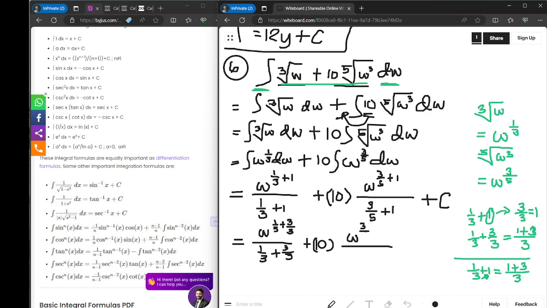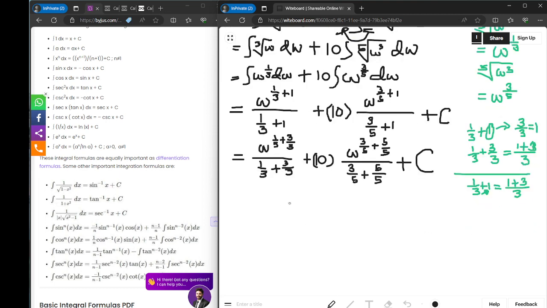So this will become plus 1 or 5 over 5, just like what we did in here. Okay? So our denominator will be 3 over 5 plus 5 over 5. Then do not forget to write C.